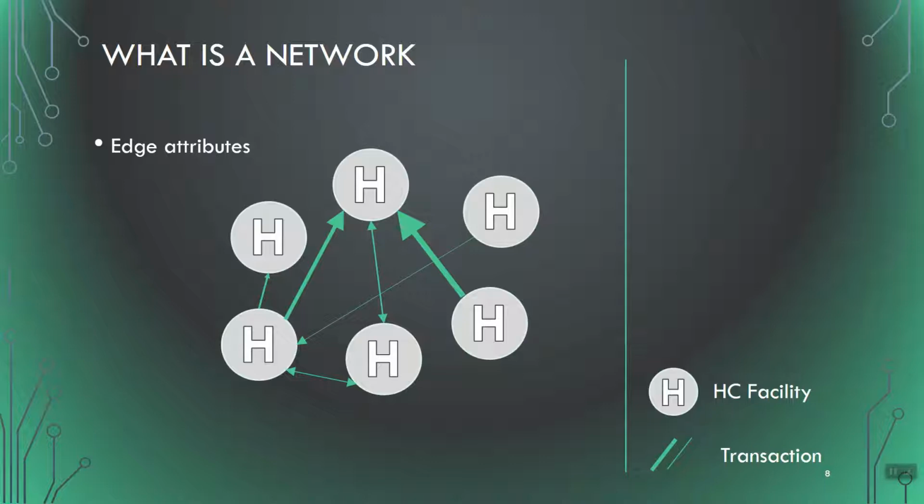So one of the edge attributes could be the number of people transferred between those two hospitals within those 30 days.